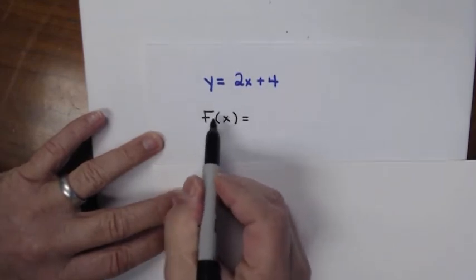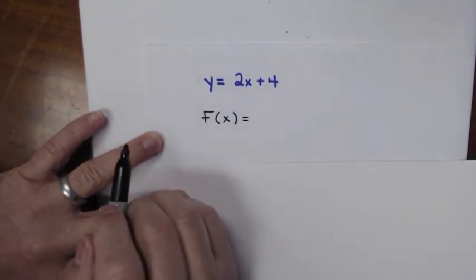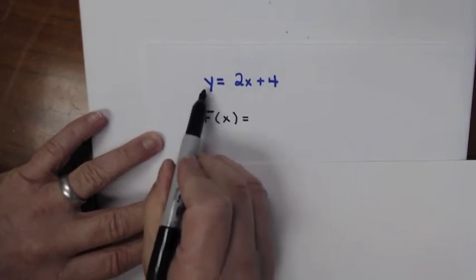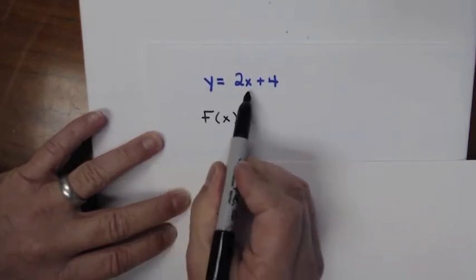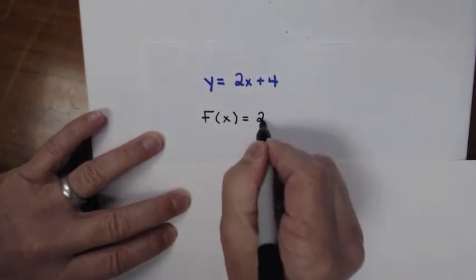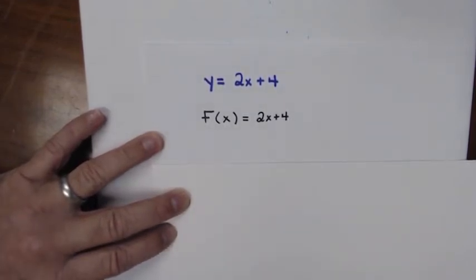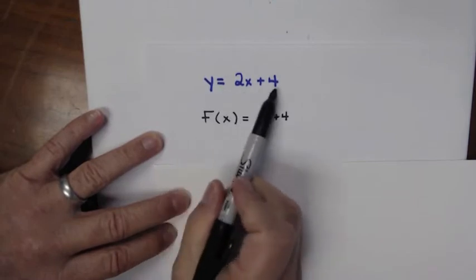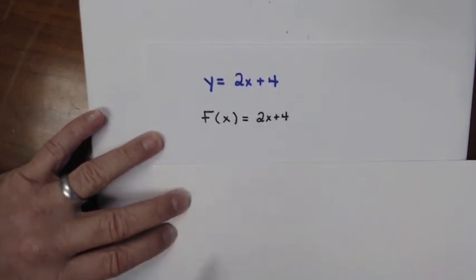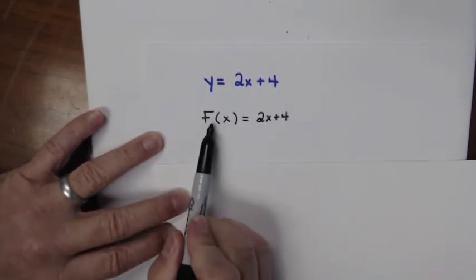This right here is the name of this equation. It takes the spot of the range. The rest of it is written exactly as it is up there. So the name of this equation is f, and the way you say this is f of x.